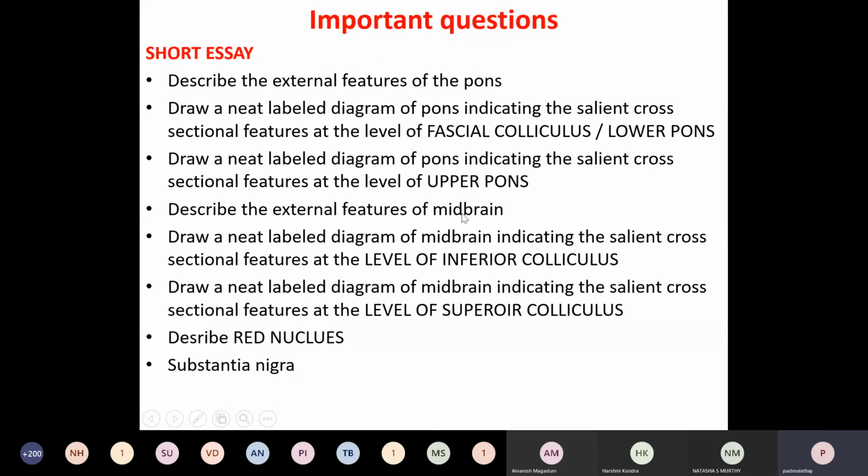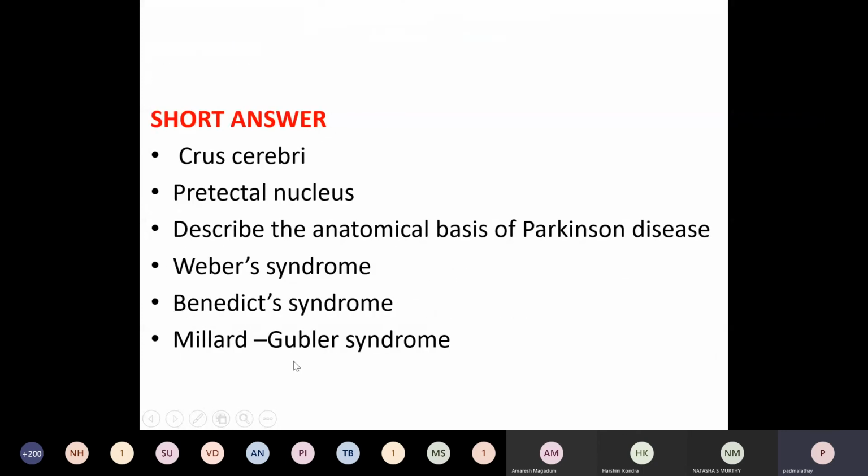Then the external features of the midbrain. The red nucleus and substantia nigra can be asked as short notes, 5 mark questions. Then for 2 marks, the short answers are crus cerebri, the pretectal nucleus, describe the anatomical basis for Parkinson's disease, and what is Weber's syndrome, Benedict's syndrome and Millard-Gubler syndrome. So that is about today's topic.